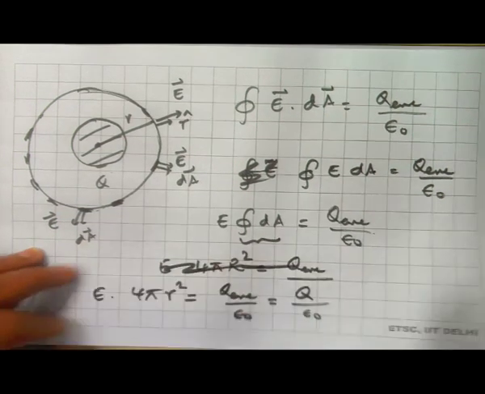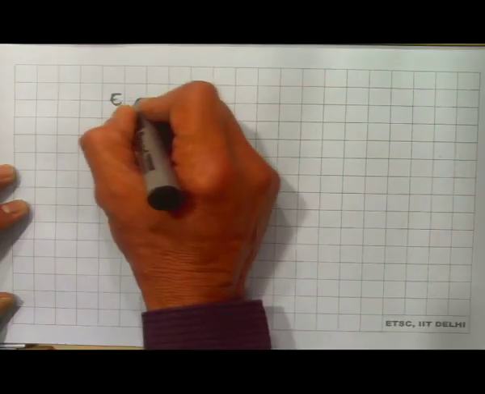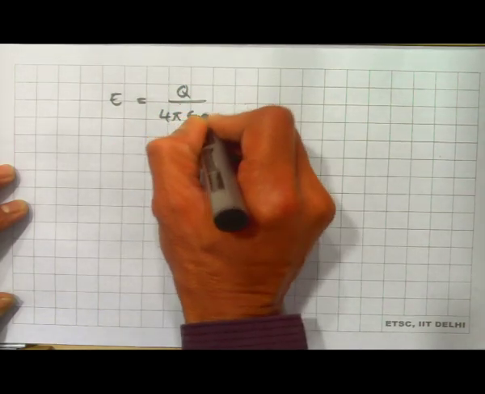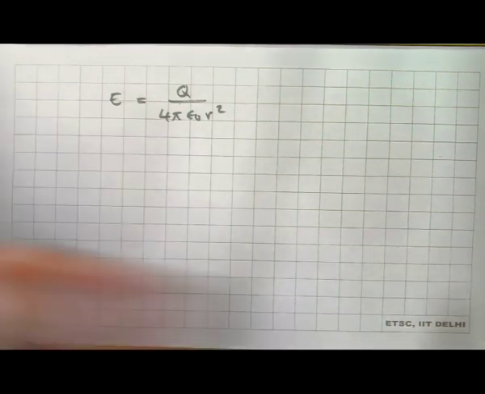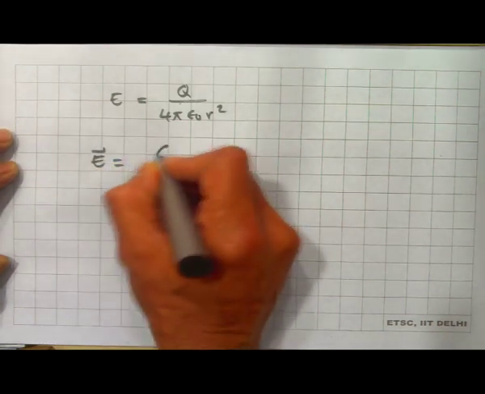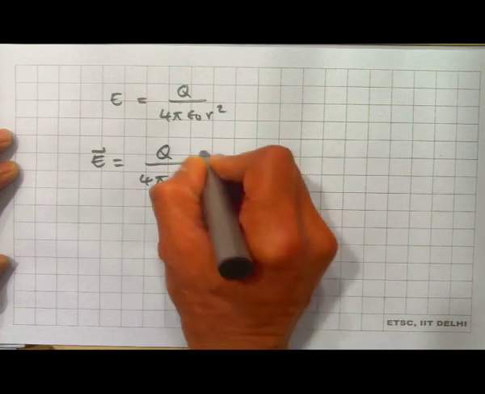So, I get the electric field of a charged conducting sphere as, the magnitude is E equal to q by 4 pi epsilon 0 r square, and because the direction of the electric vector is along r cap, I get the electric field E is equal to q by 4 pi epsilon 0 r square r cap.